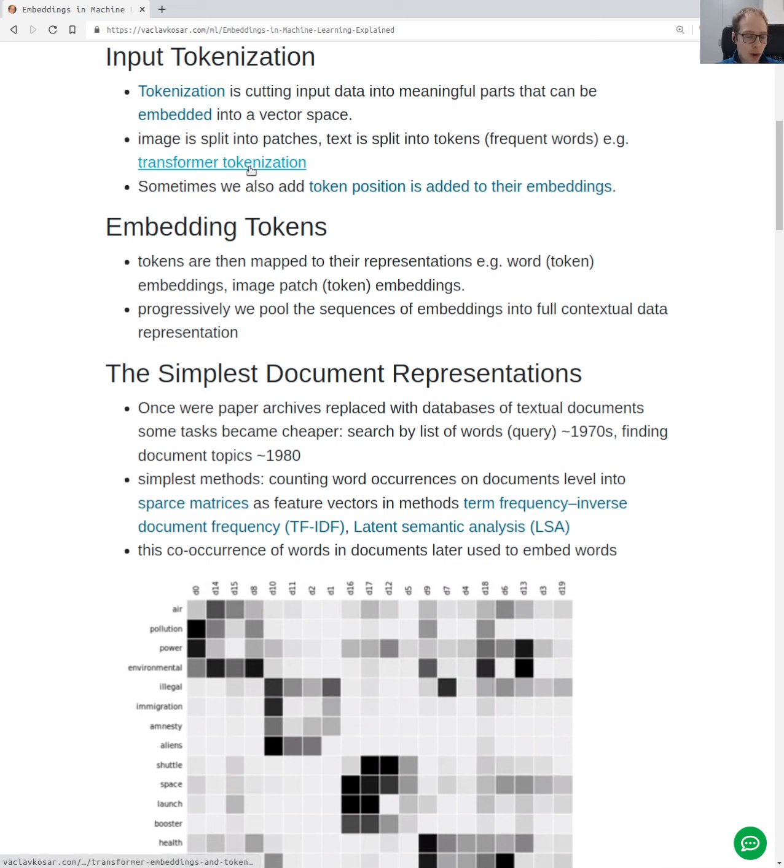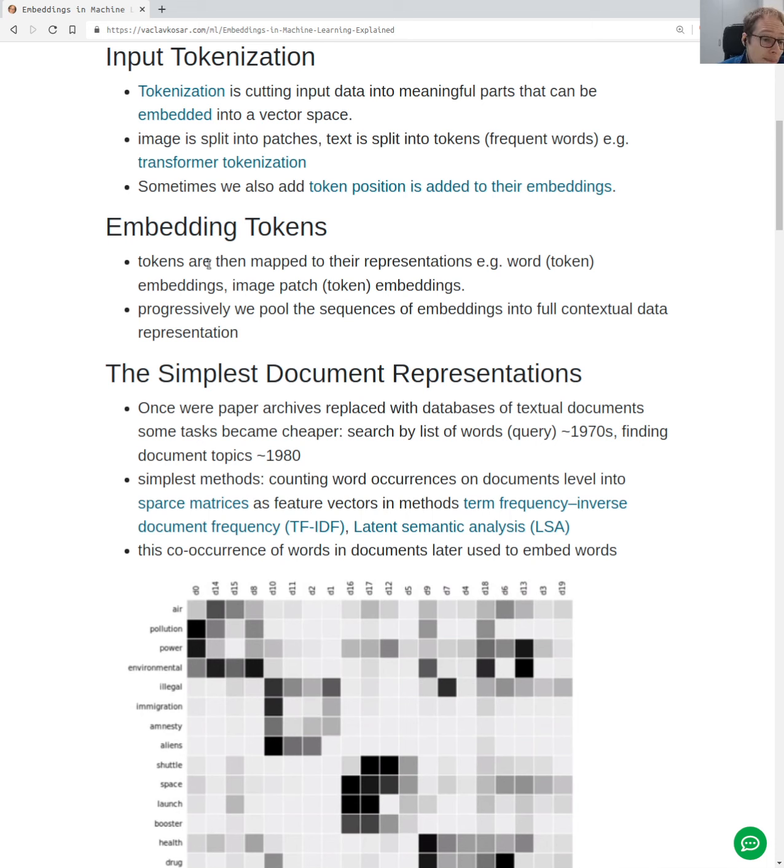You can read more about tokenization in Transformer by clicking on this link here. And because we did this split of the input, in case of the tokenization, maybe we also need to add the positional embedding. And then we need to say where the token was in the input.